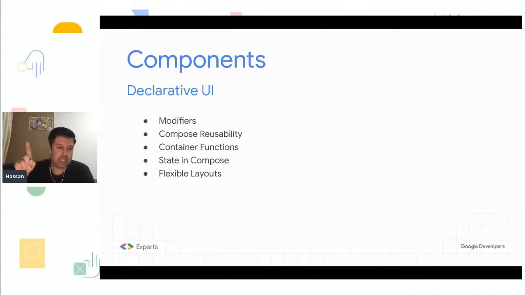Let's say you click a checkbox, you have a switch, you have a button click event. How are you going to capture the state, right? And then something about flexible layouts. Before we used to have flexible columns, flexible rows, but they are not anymore.